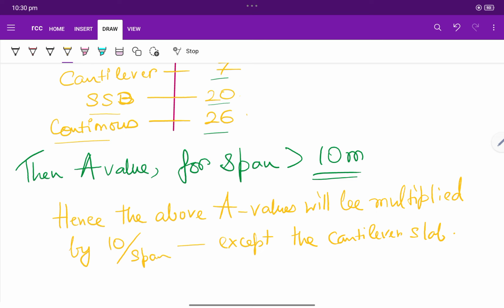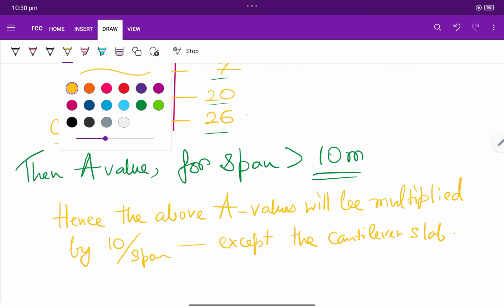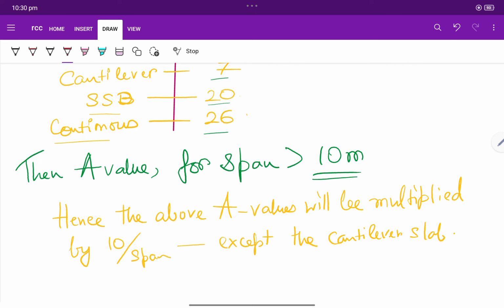But for a cantilever, up to 10 meter slab and more than 10 meter slab, the value will be the same. Hope it is clear now. So we will go to the next step.